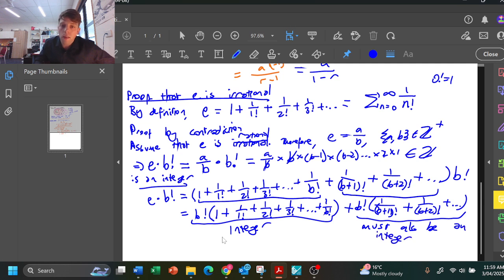Because if it isn't, then we have reached a contradiction. And that is what we must prove. So the second part of the proof, once we've got up to this stage, is essentially to try and show that this part of the expansion must necessarily not be an integer, and then that will lead to a contradiction.